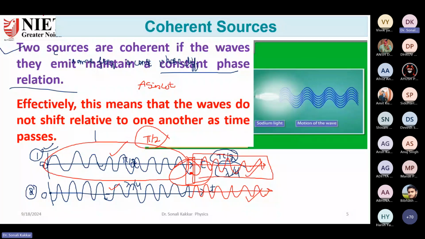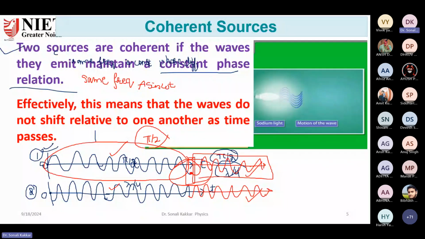The one condition for coherent sources is that it should be monochromatic, as in it should have the same frequency, and a constant phase difference. So these are two conditions, and the wavelength is also maintained. Yes, red colored light emits monochromatic light, but it is not necessary that it emits a wave with a constant phase relation.